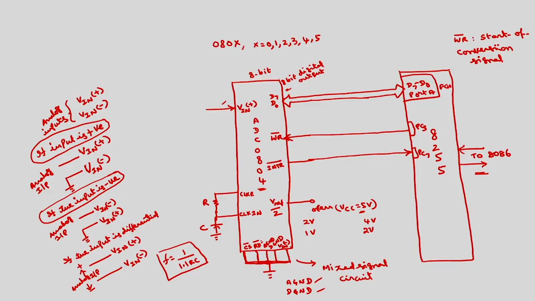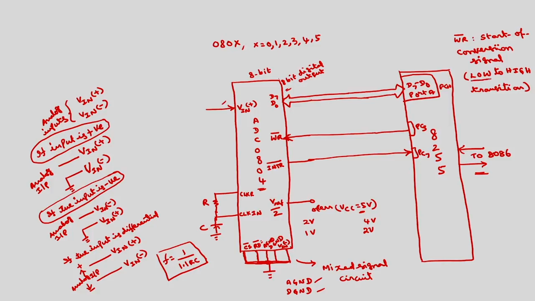Whenever the microprocessor wants to read some data from the A to D converter, the microprocessor will first initiate the ADC through the start of conversion signal. In this particular ADC 0804, if I apply a low to high transition, then the conversion will start.